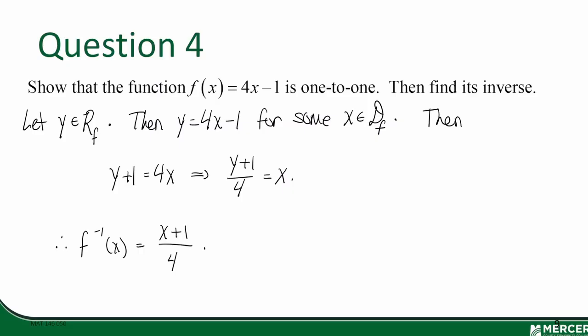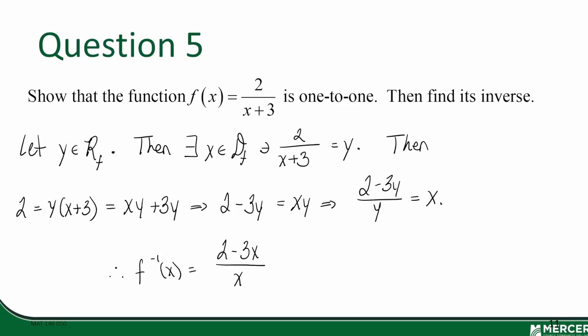Everything, right? So what's the domain of the inverse? Everything. Which means the range of the inverse is also everything. Because the domain of f is everything. Domain of f here, everything but negative 3, which means the range of f inverse is everything but negative 3.